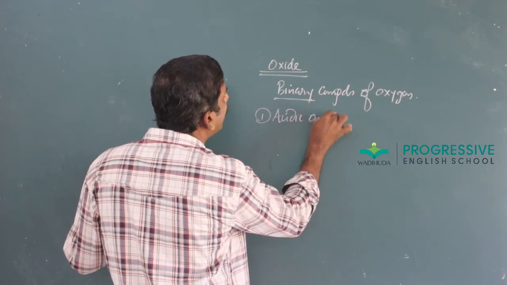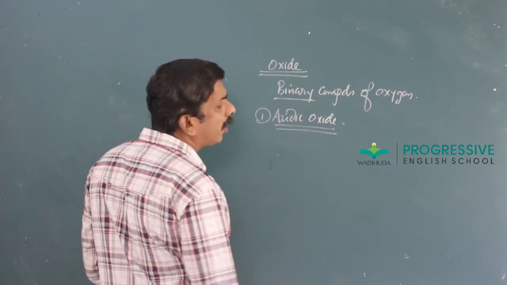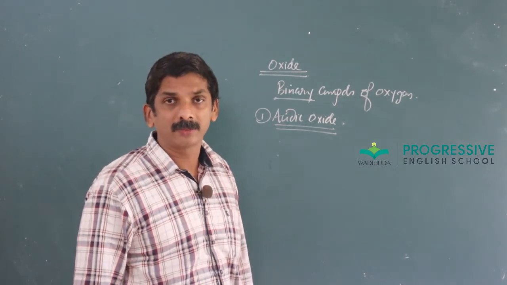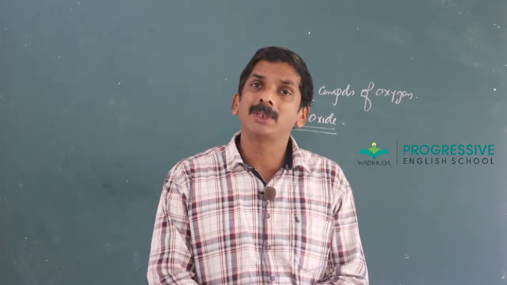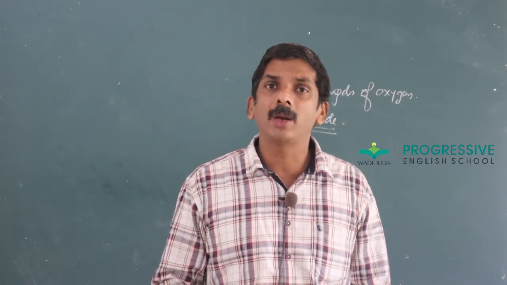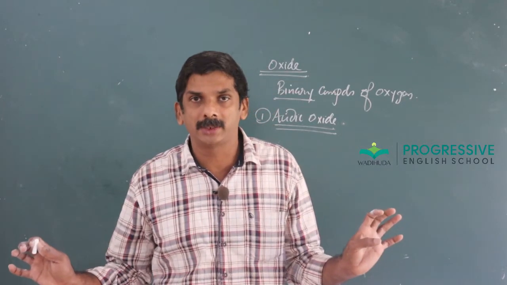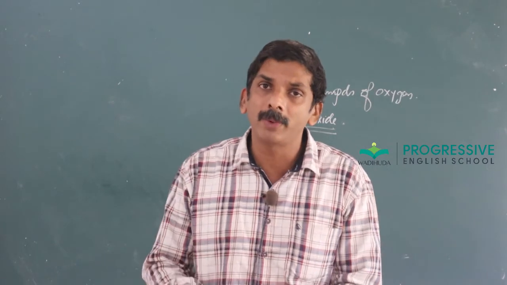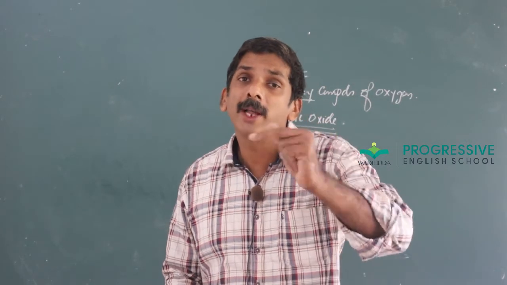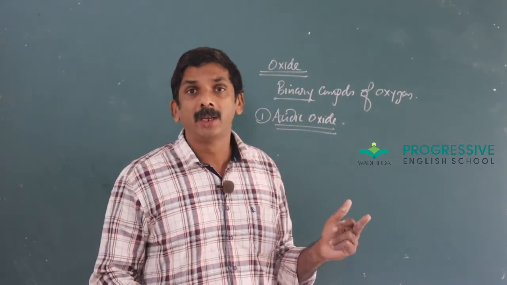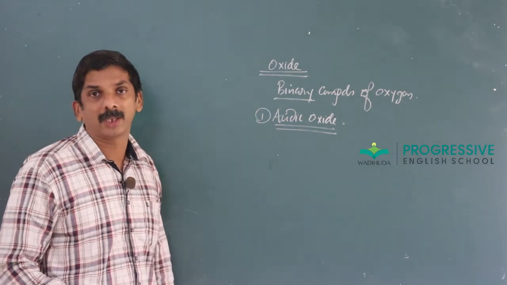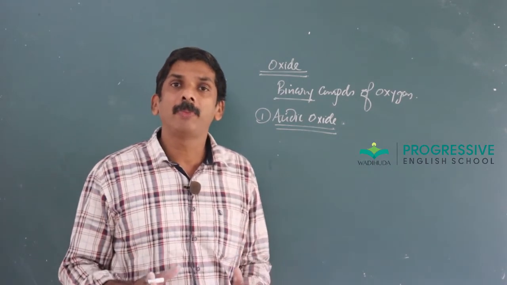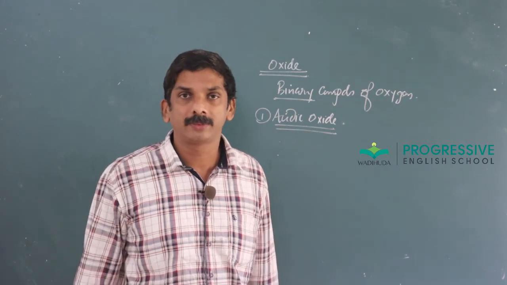One is acidic oxide. All the binary compounds of oxygen are generally termed oxides. The oxide formed by the combination of oxygen with other elements, which when treated with water gives an acid, belongs to the class of acidic oxides. Clear?